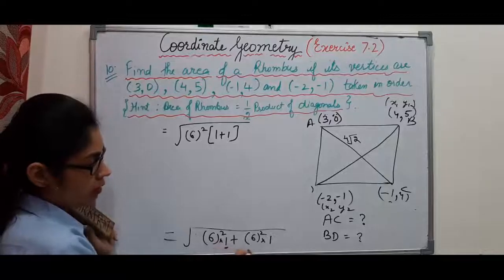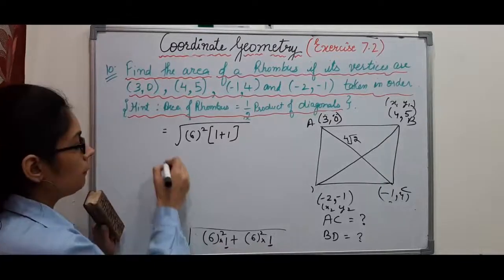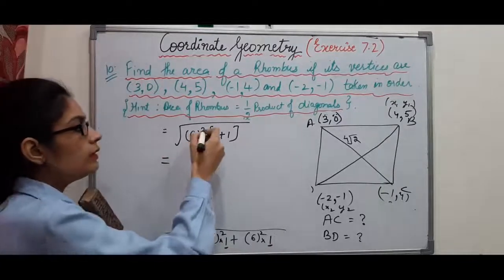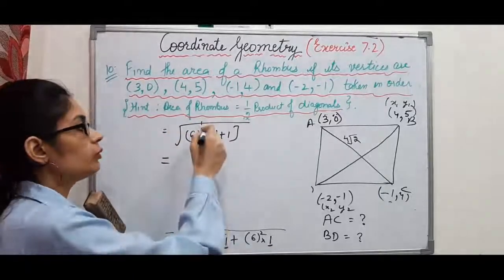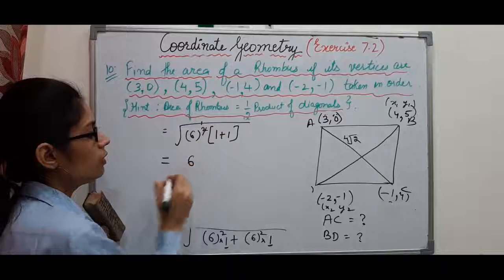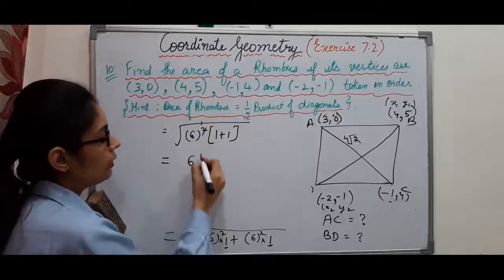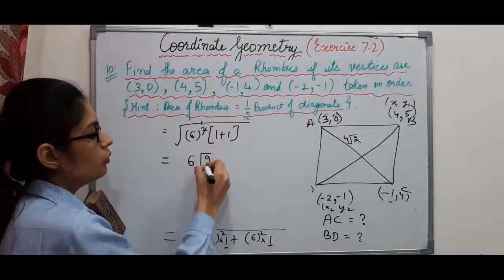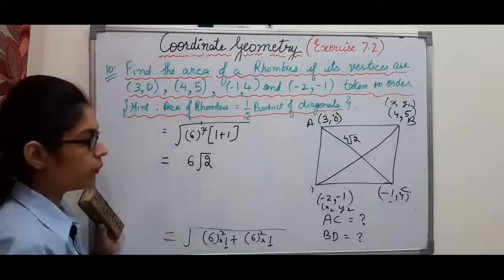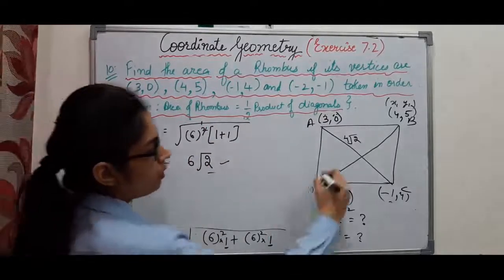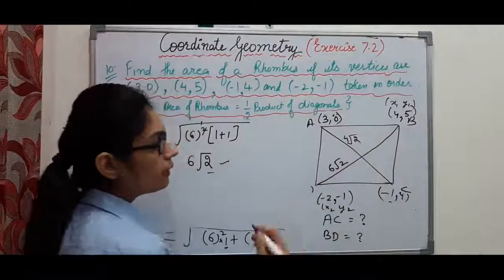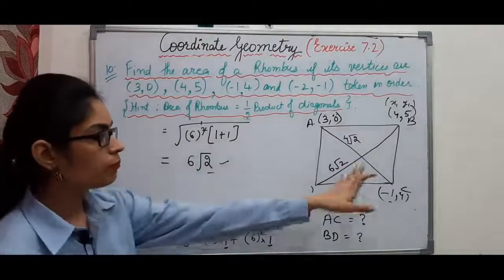This square and this root, I have already explained how they will get cancelled. So 6 we can write outside, and 1 plus 1 is 2. So 6 root 2. Root 32 also you can find the same way.